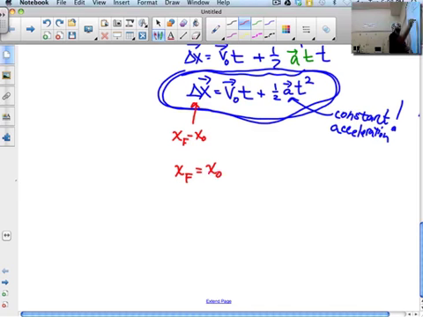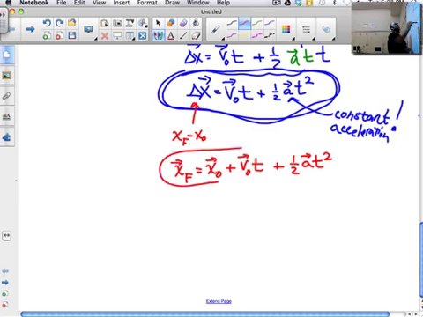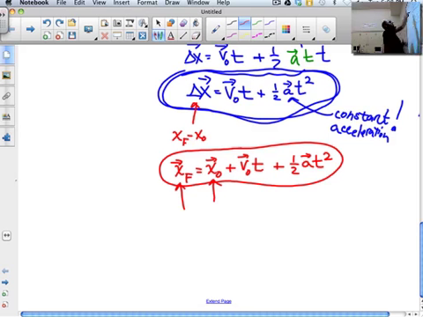You get x naught plus initial velocity times time plus 1/2 at squared. Now, essentially, these equations are the same, except the second one is used when you know your exact positions at 0 seconds and in the end at time t. On the other hand, this top equation is nice if you want to work with displacement instead of position.